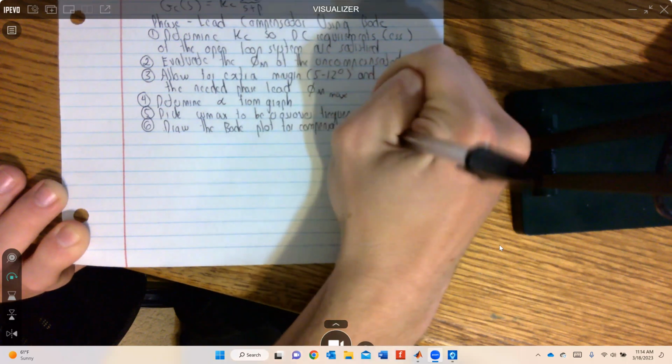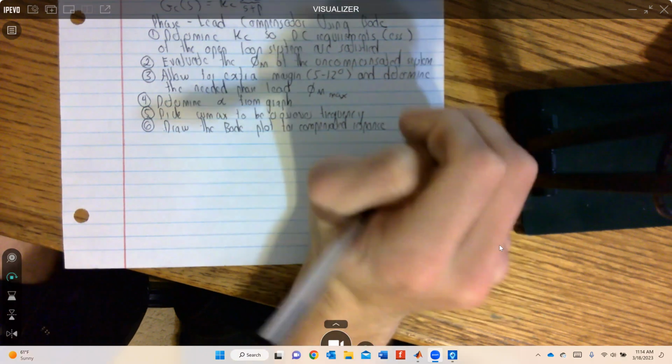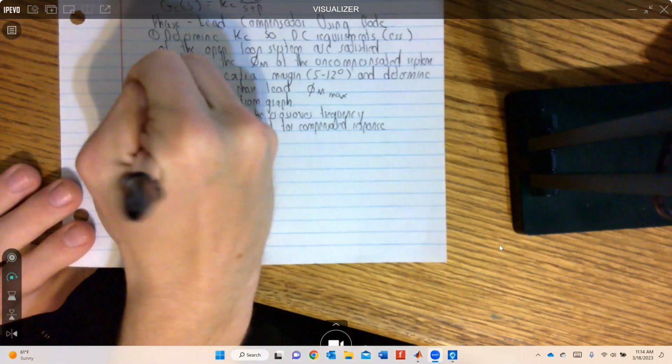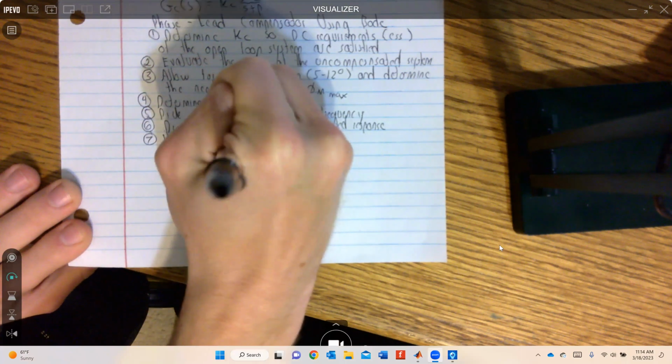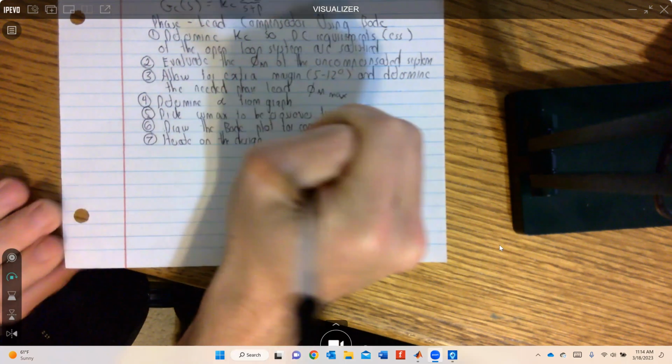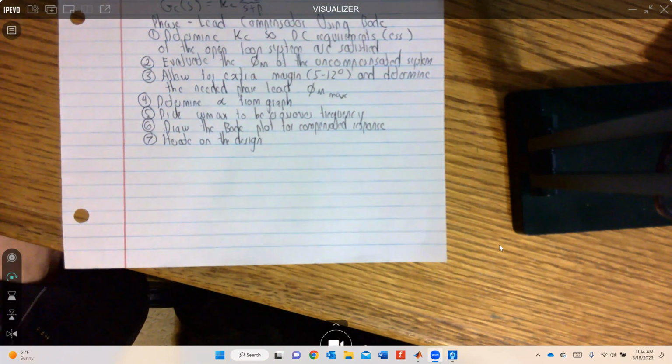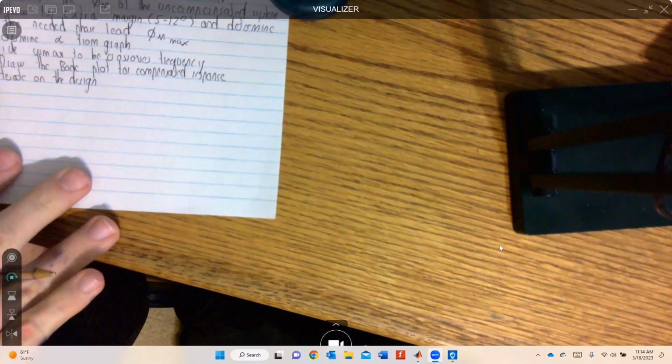And after that, you iterate on the design. You just go back and reiterate. So that's pretty much what you have to do. Now let's look at an example where we need to apply all these.